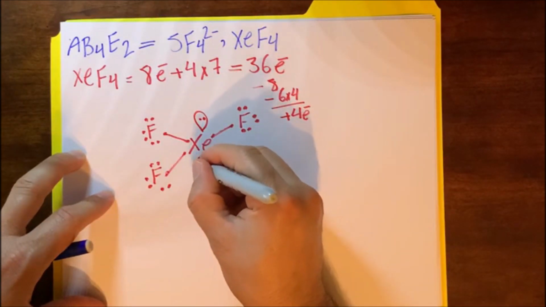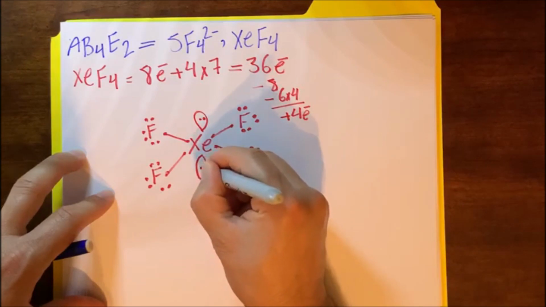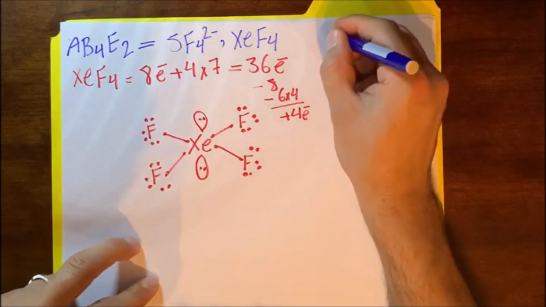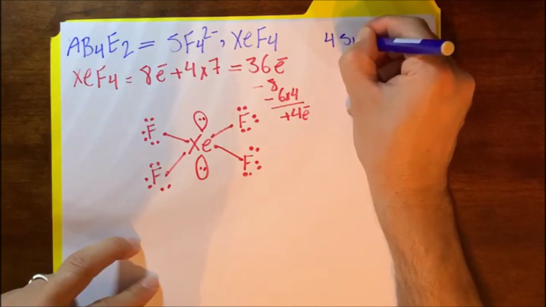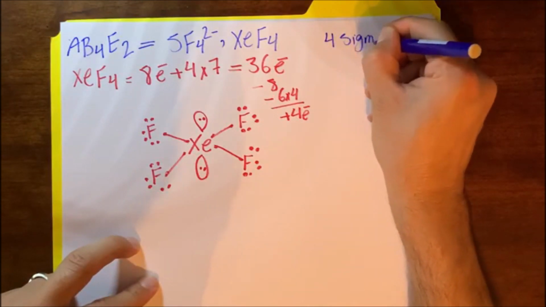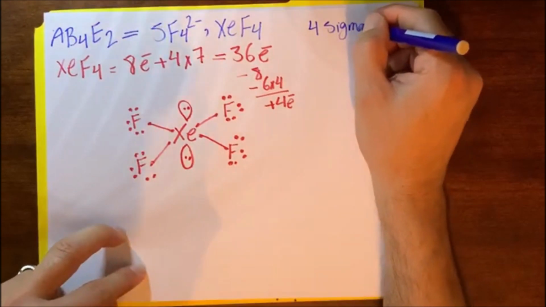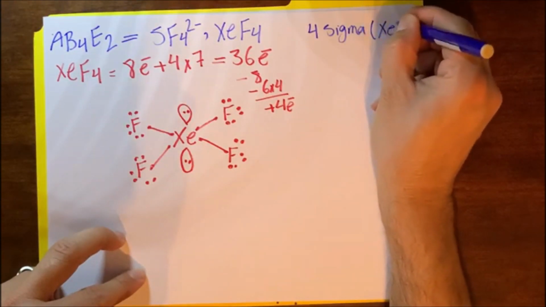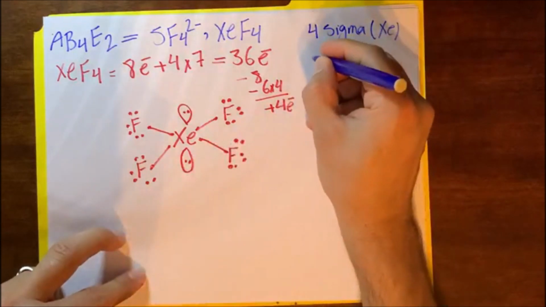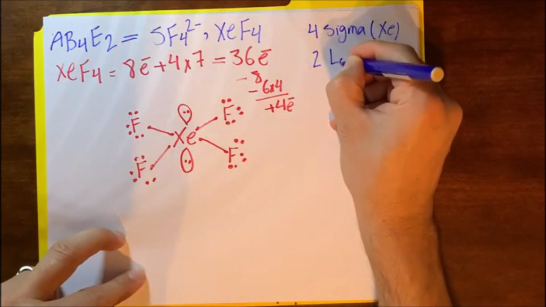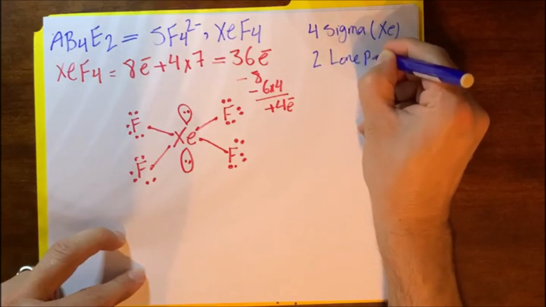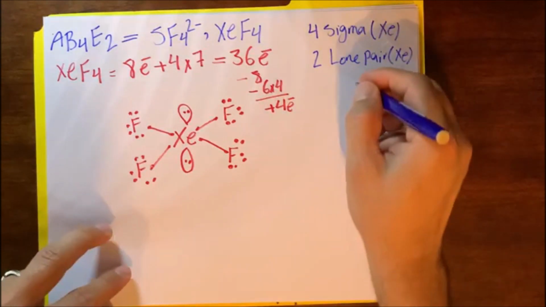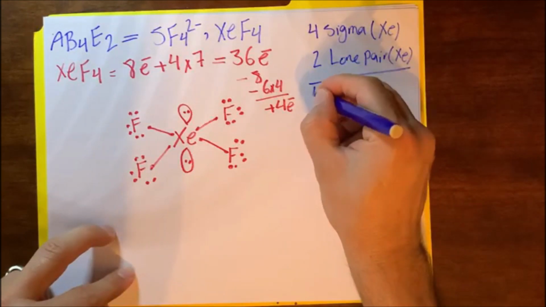The second lone pair will be across from the first lone pair. Okay. We have 4 sigma on xenon. We have 2 lone pairs on xenon.